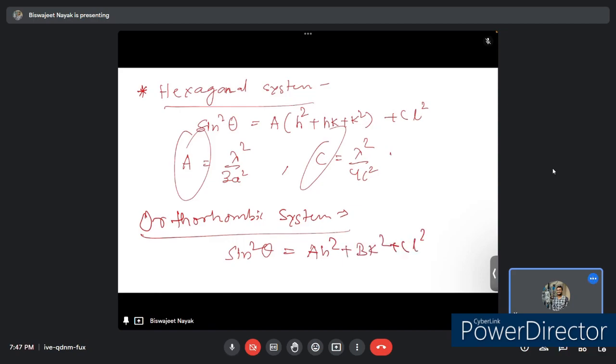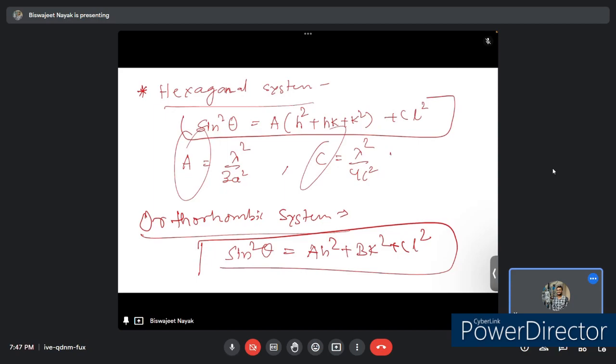For the hexagonal system, this should satisfy sin square theta equals A(h square plus hk plus k square) plus C l square, where A is lambda square by 3a square and C is lambda square by 4c square.